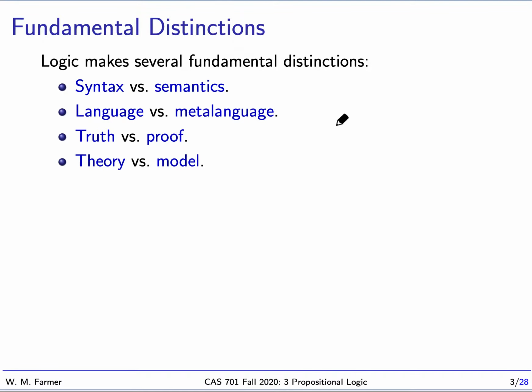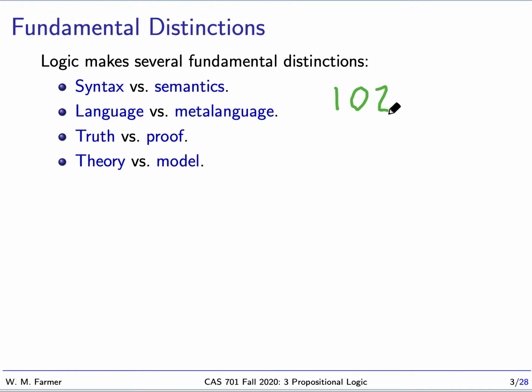So for instance, if I write down the numeral 102, if we think of this syntactically, this is made up of three digits. The first digit is 1, second is 0, third is 2. But if we think about its value, we think it denotes the number 102. And now there are connections between the syntax and the semantics. We know that if the first digit is non-zero and there's three digits, it must denote a number greater than or equal to 100, for instance. Okay, so that's syntax versus semantics.